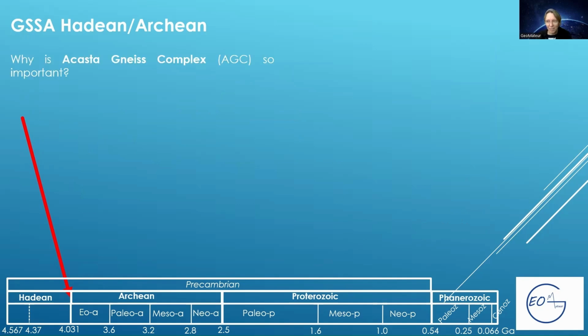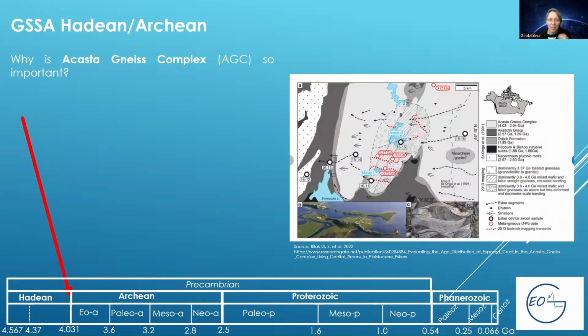And the Acasta complex. Why is the Acasta Gneiss complex so important? Because of its age. It is the oldest rock on our planet. 4.031 billion years plus minus 3 million.